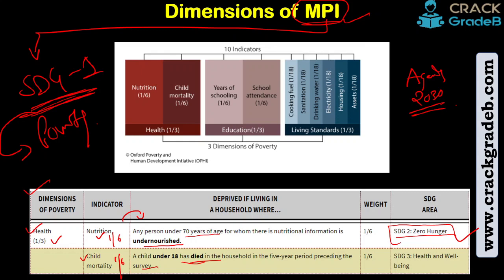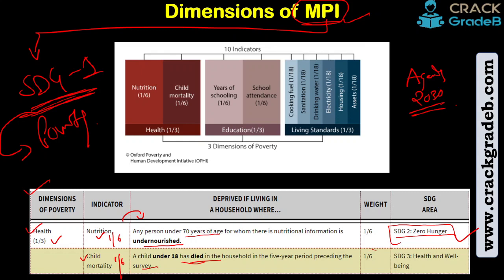So this is a hypothetical example. So from 2019-20, if you go back 5 years, whatever children have died during these 5 years will be counted in this parameter, right? A child under 18 has died in the household in a 5-year period preceding the survey.